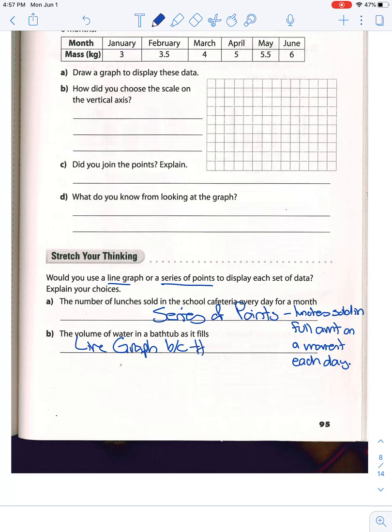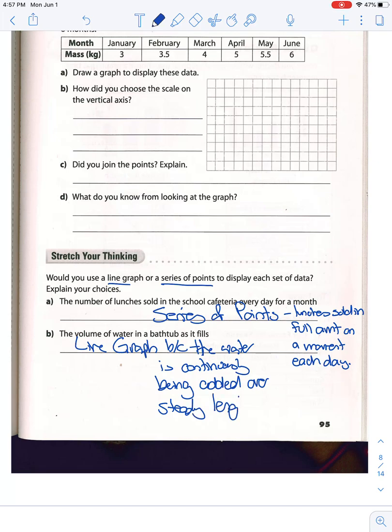Okay, because the water is continuously being added over a continuous, steady length of time.